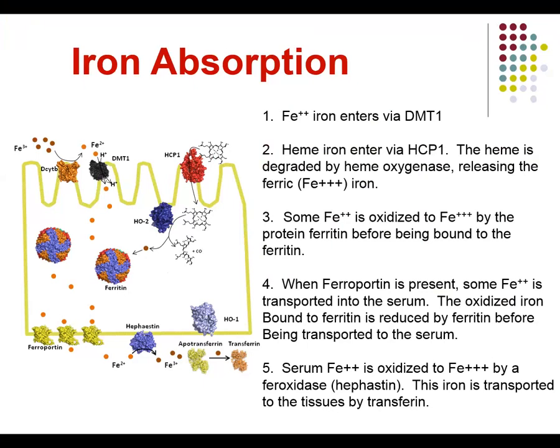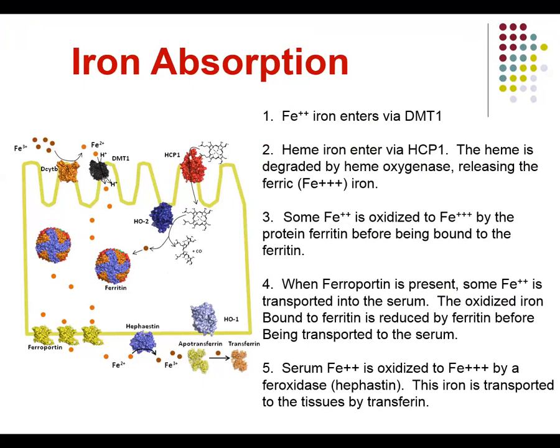Heme groups enter the enterocyte through the heme carrier protein 1, where it can be degraded by the heme oxygenase, either heme oxygenase 1 or heme oxygenase 2, forming biliverdin, carbon monoxide, and iron, which can again be stored in its ferric state within the protein ferritin.